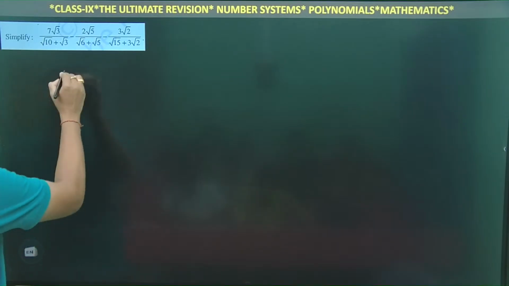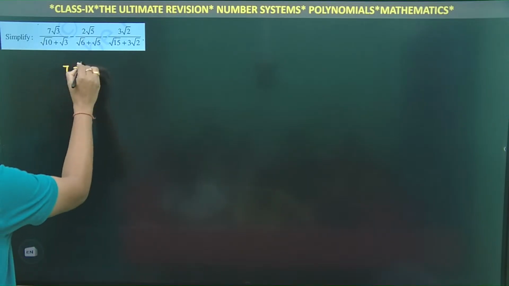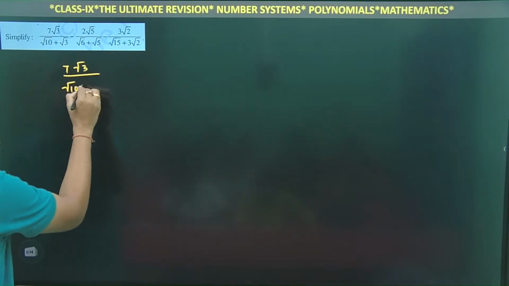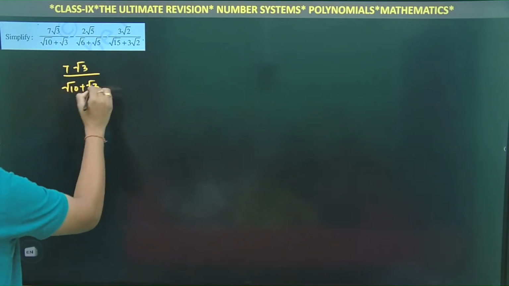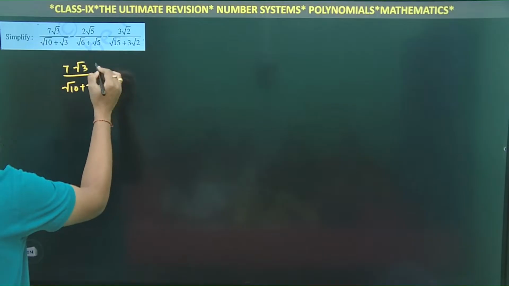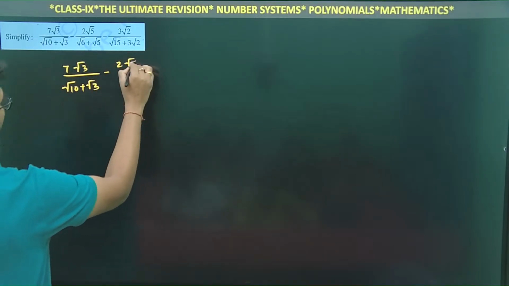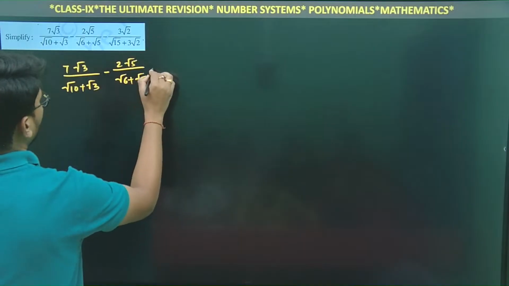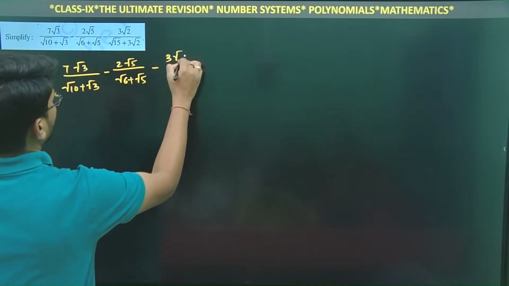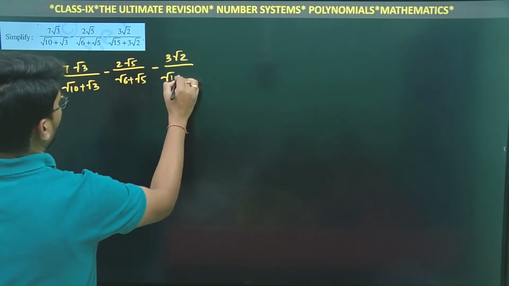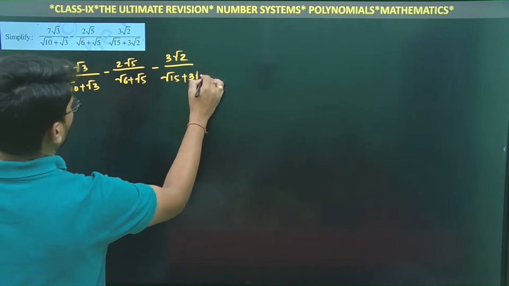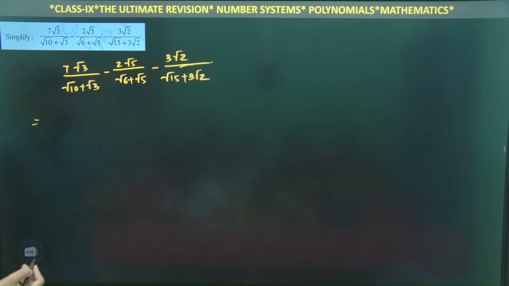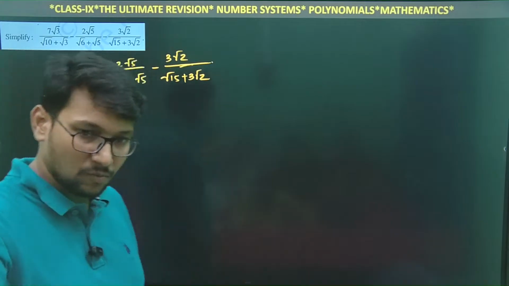Check. So 7 root 3 by root 10 plus root 3, minus 2 root 5 by root 6 plus root 5, minus 3 root 2 by root 15 plus 3 root 2, right? So we have to rationalize this. What is the rationalizing factor?